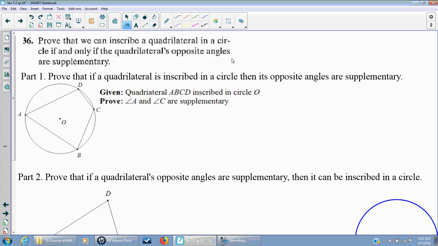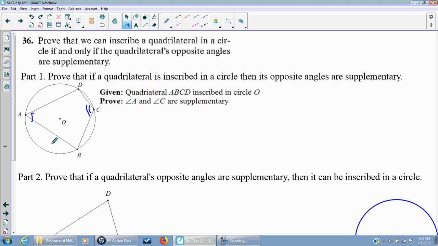So in part one, I've got an inscribed quadrilateral, and I want to prove that the angles are supplementary. I'm only going to prove A and C. I want to prove that this angle and this angle are supplementary. The proof is the same as what it would take to prove that the angles at D and B are supplementary.